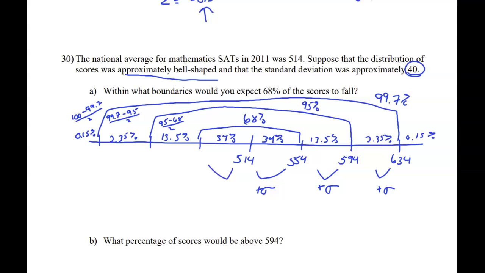On this direction, I'm subtracting a standard deviation. Okay, so I'm going backwards. So 514 minus a standard deviation will give me 474. So notice that as I'm going this direction, I'm subtracting a standard deviation. This direction, I'm adding a standard deviation. So I get 434 here and a 394 here.